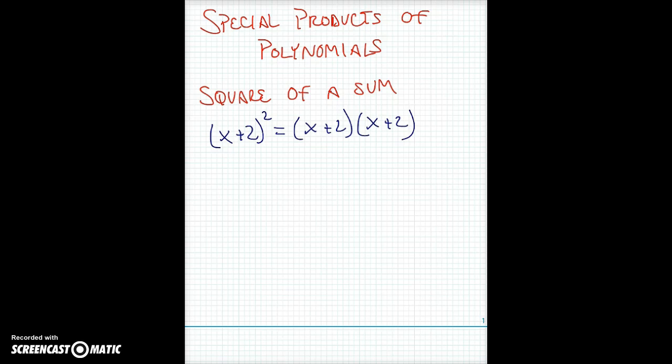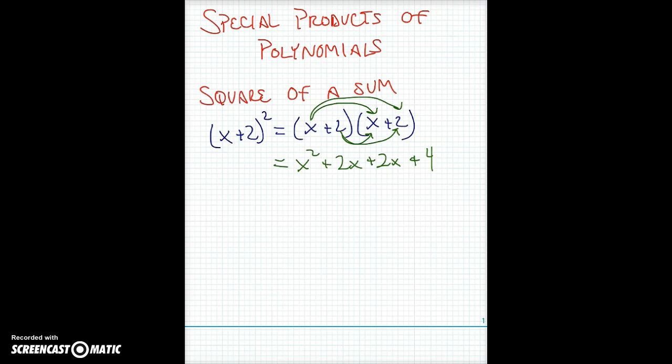Now we can use our distributive property, or the FOIL method, to multiply out this binomial. So we have x times x, which is x squared, x times 2, which is 2x, 2 times x, which is 2x, and 2 times 2, which is 4.